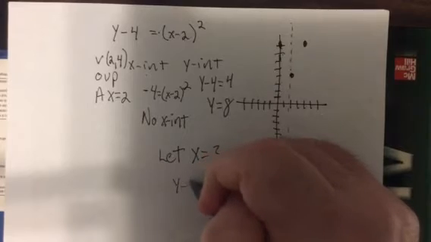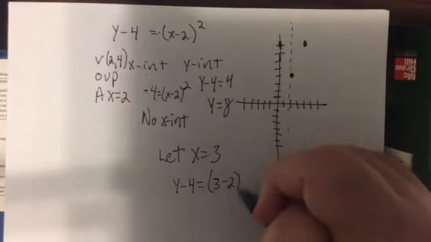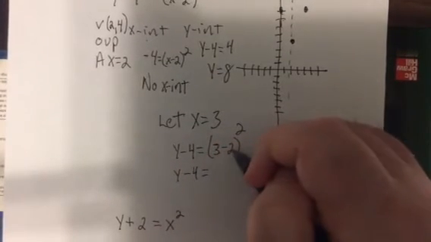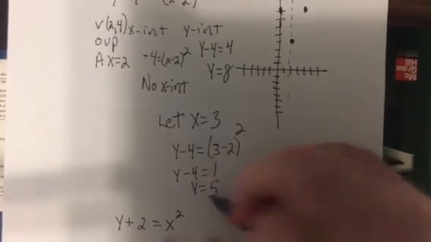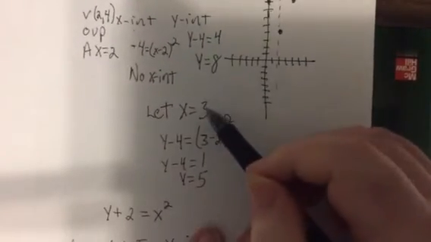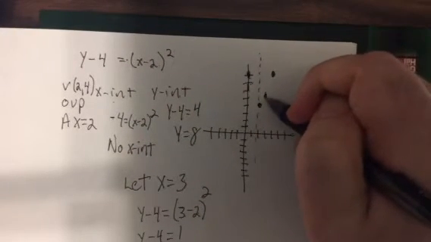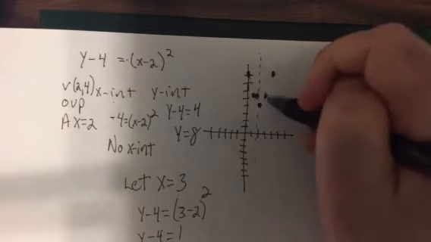So I'd have y minus 4 equals 3 minus 2 squared. Y minus 4 equals 3 minus 2 is 1. 1 squared is 1. Add 4. Woohoo! So it'd be the point 3, 5. And if there's a point 1 unit this way, there better be a point 1 unit this way. Oops. A little bit off.